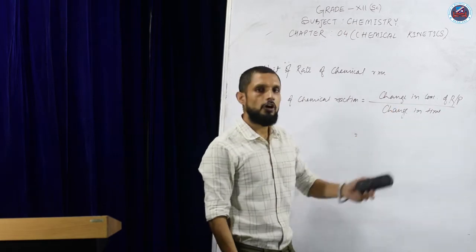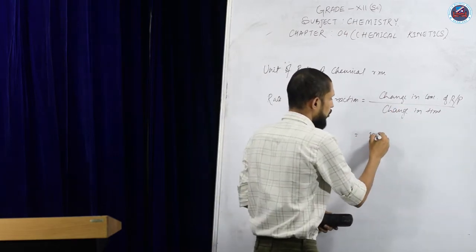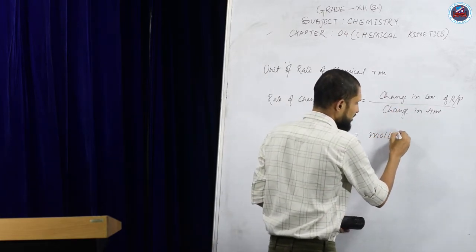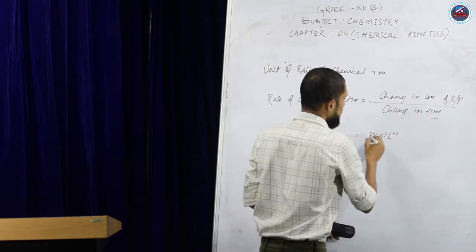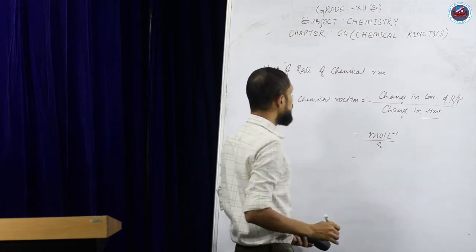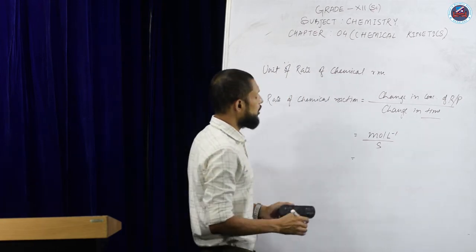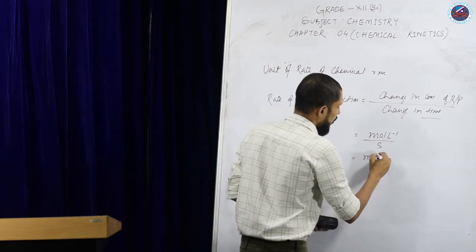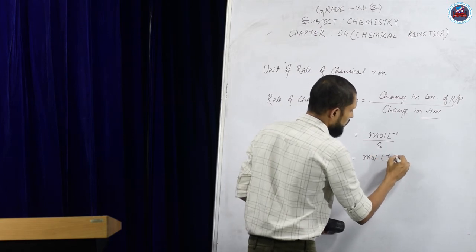So the unit of concentration is mole per liter, time is second or minute. So the unit of rate of chemical reaction is mole per liter per second.